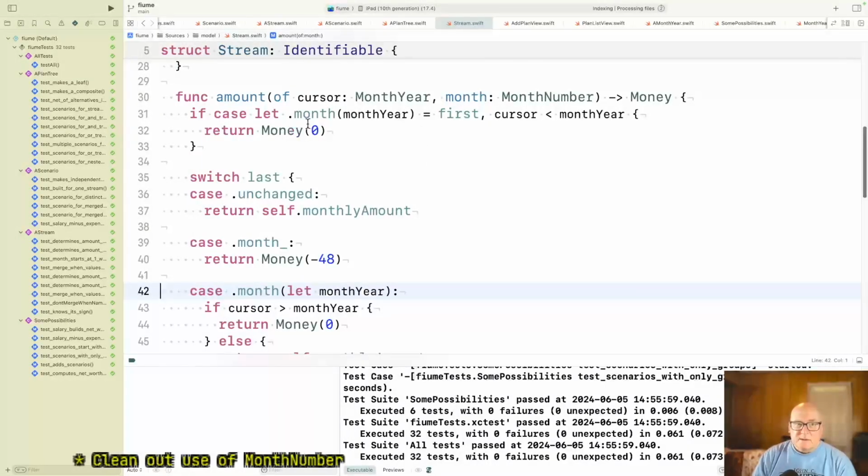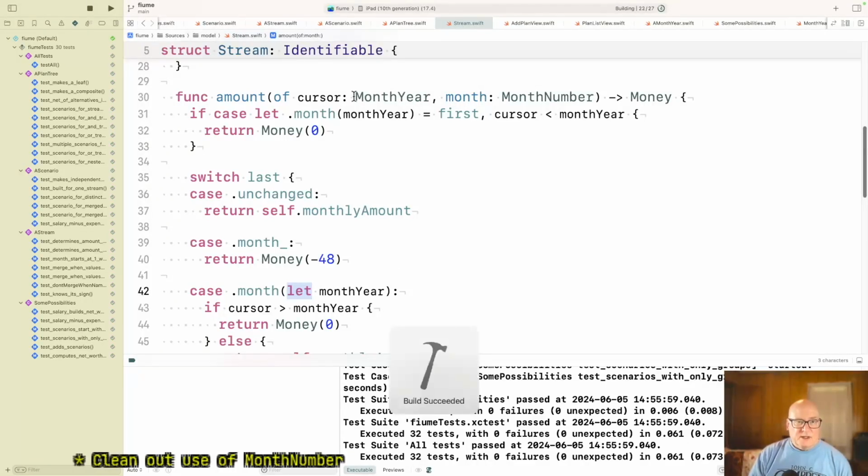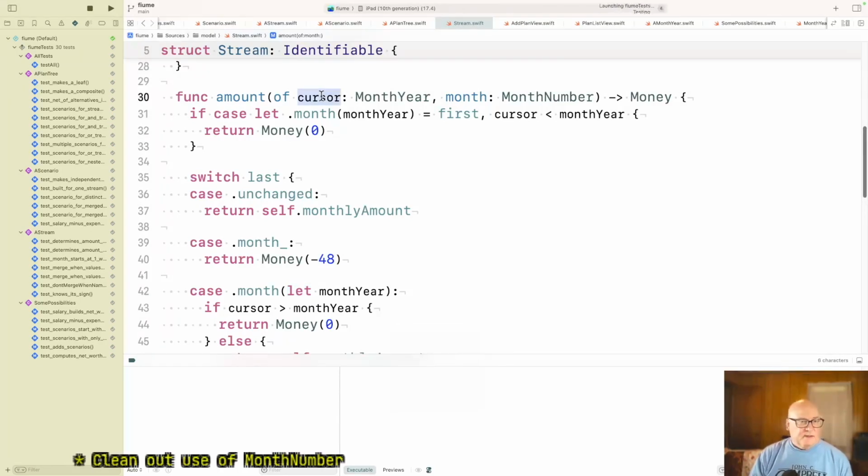It's not MakeStream; it's stream with amount, but because we always build with month year now, it comes in like this. Well, that's the claim anyway. I should run the test, but so at this point, I believe it's only using this one, the first argument.